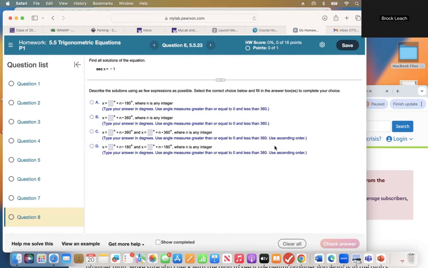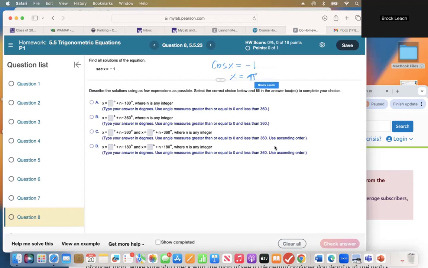Well, secant is in relation to sine, or I'm sorry, cosine. And so if we go cosine of x equals -1, yeah, cosine is equal to -1 at 180 degrees, which would be x equal to pi.